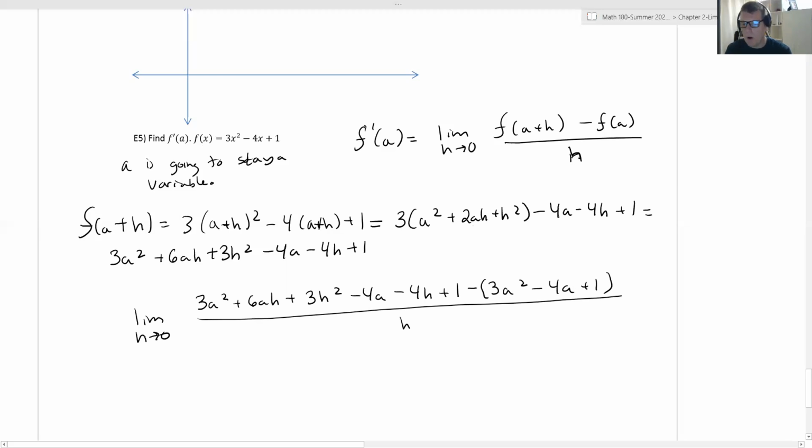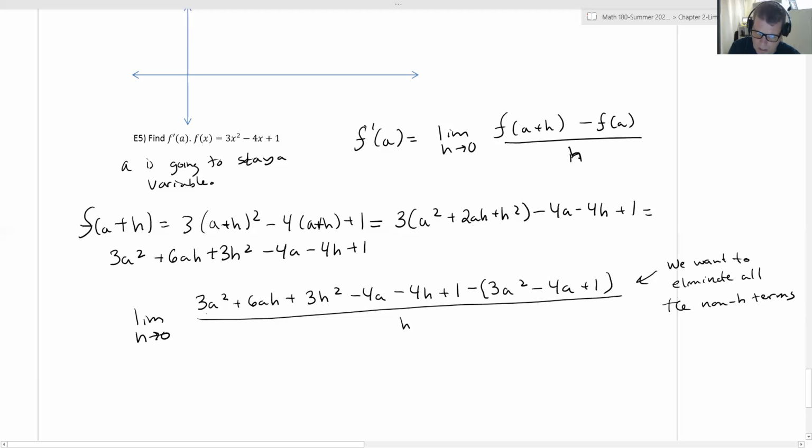Now our goal is to get rid of anything that doesn't have an h. We want to subtract out or eliminate all the non-h terms. Otherwise, this limit doesn't exist.